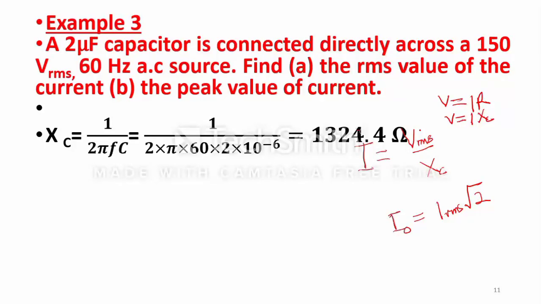Okay, so capacitive reactance Xc equals 1 over 2 pi Fc. F is the frequency, C is the value for the capacitor.